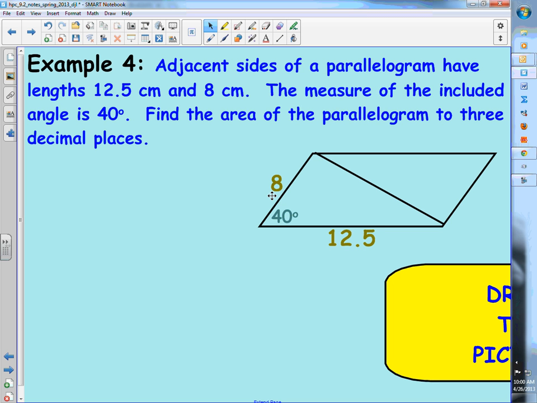Because we're kind of learning how to find the area of triangles, we should be able to do that. And what do you know about these two triangles? They're congruent. So if you find the area of region 1, we call this region 1, and we double it, we'll also have the area of region 2. They're identical. How do I find the area of region 1?